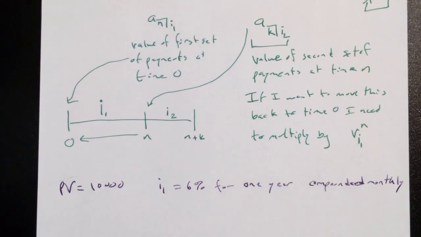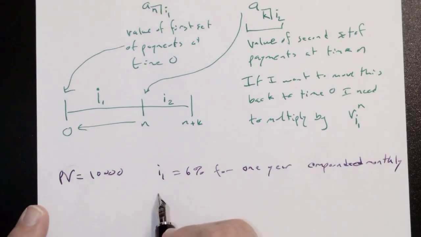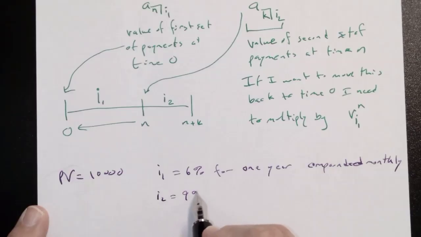Converted monthly. So that 6% is an annual rate, but I'm compounding monthly. In the second year, it goes up to 9%.